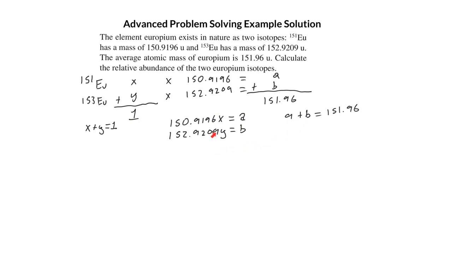So let's substitute in this for a and this for b, and we've eliminated a and b. I'll write those below.